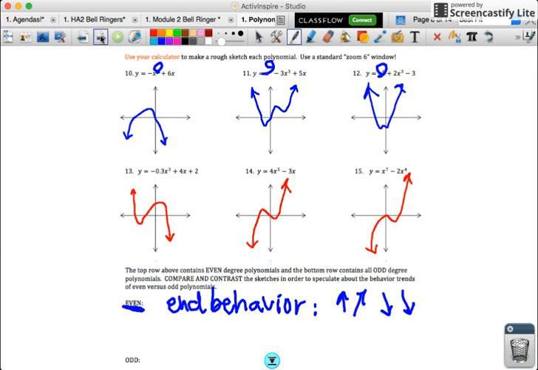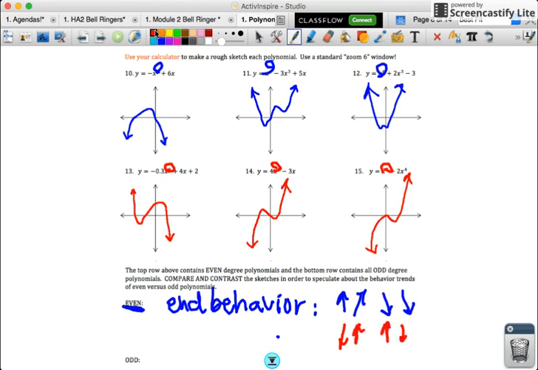So notice this one, both of them are pointing down, both of them are pointing up, both of them are pointing up. So when you look at the odd, hopefully what you notice is that, I can't scroll down for some reason, that I have 1, 3, 5, 7, that they are going opposite directions. So my end behavior is looking like sometimes it's down then up, and sometimes it's up then down.